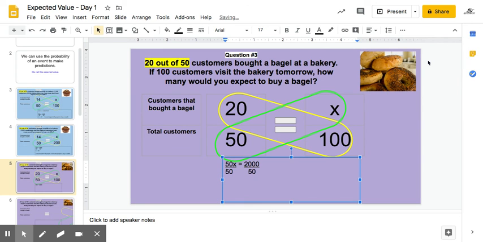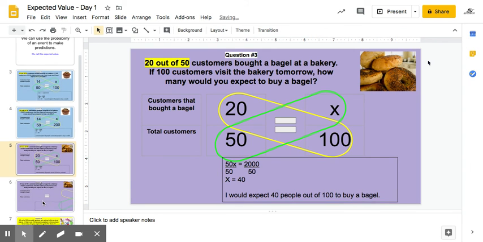Okay, clean this up. 50x divided by 50 is just x. Bring down your equal sign, and 2,000 divided by 50 is 40. Okay, so we solve for x. So our final answer would be I would expect 40 people out of 100 to buy a bagel.